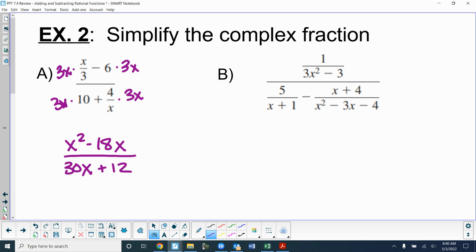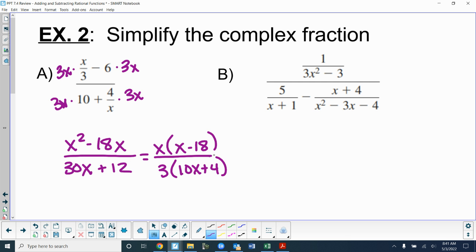Okay? Now let's factor what we can factor. Up top in the numerator, X is in both. It's a GCF. And then we have X minus 18. And in the bottom, was it just 3? And X plus 4.